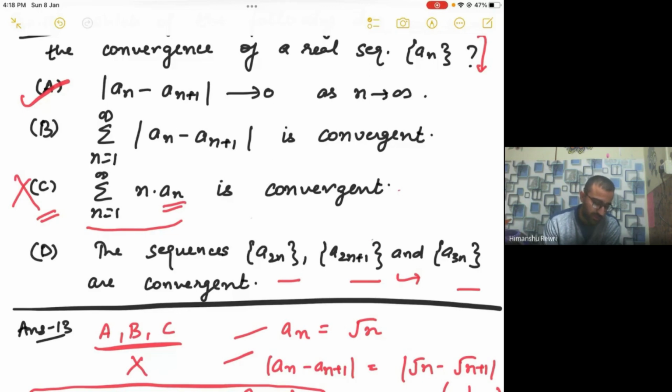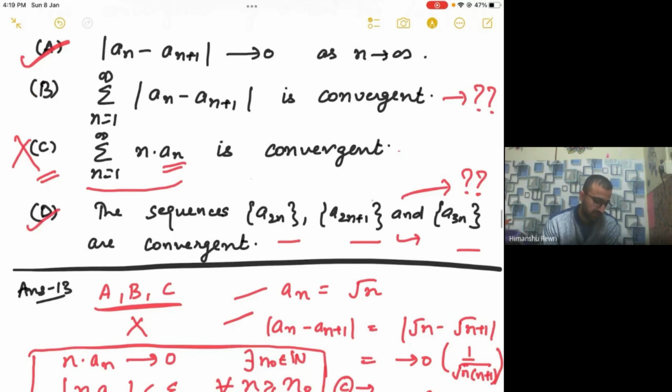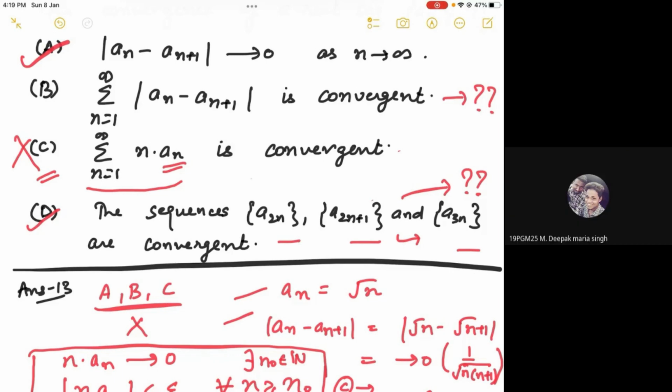What about option B and D? Okay, let's go to option D. D is easy to prove. Sir, option D is false.